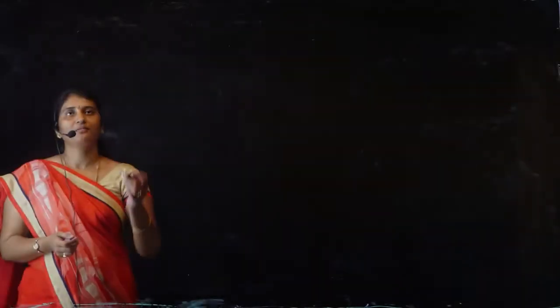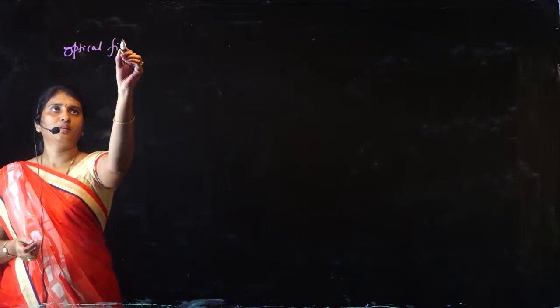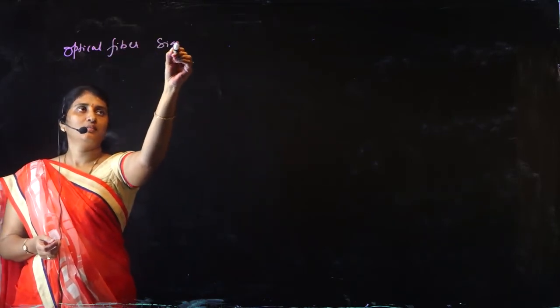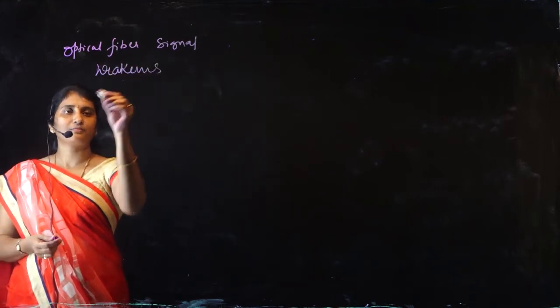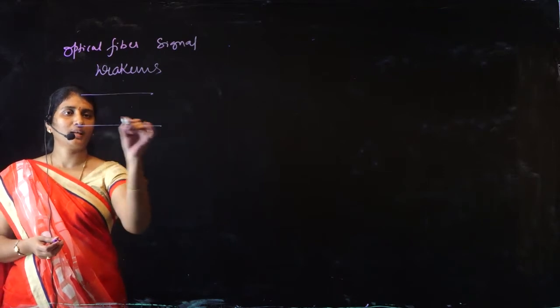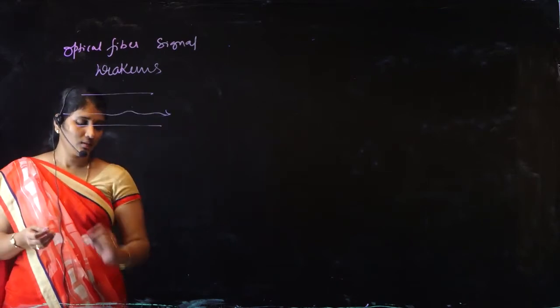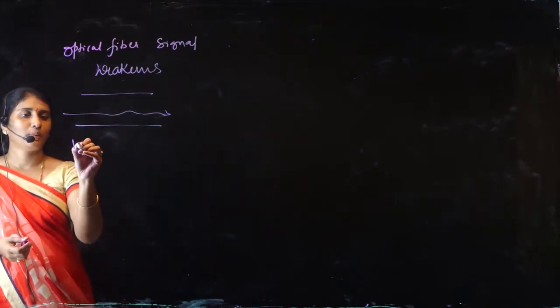So in an optical fiber, the signal weakens as it travels through a longer distance. As it travels, the signal weakens due to mainly two reasons.